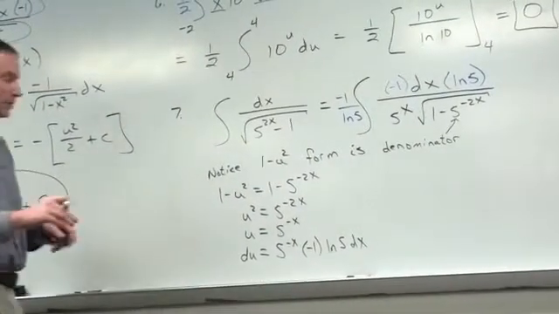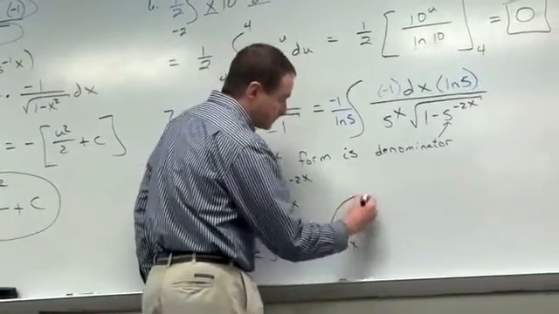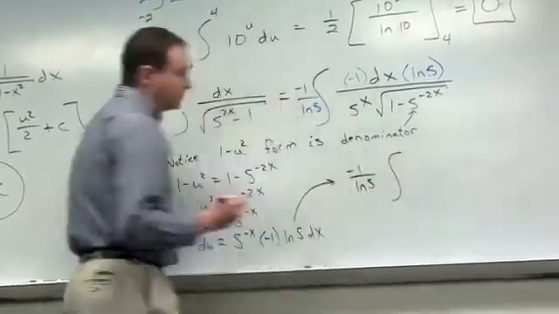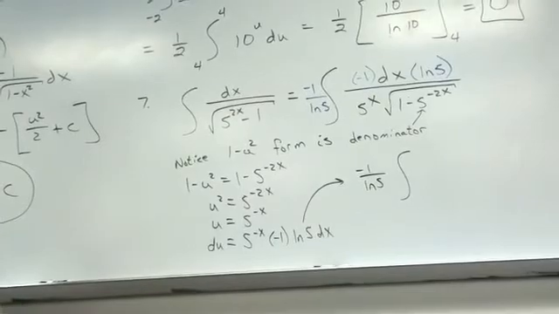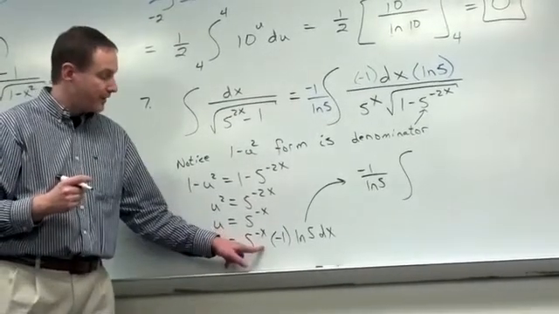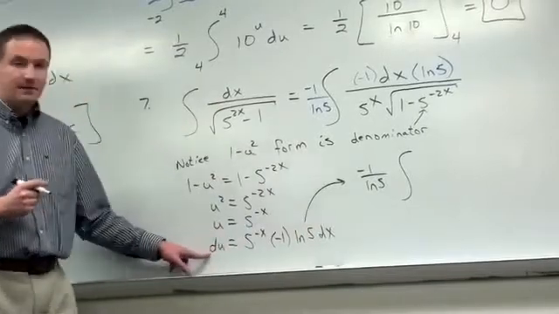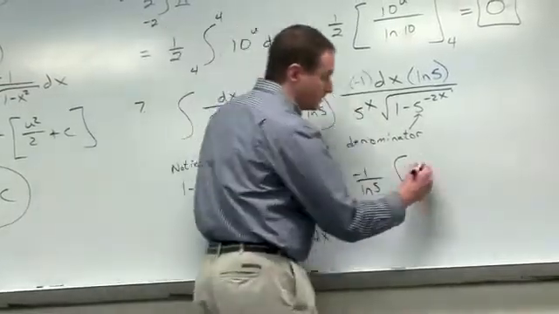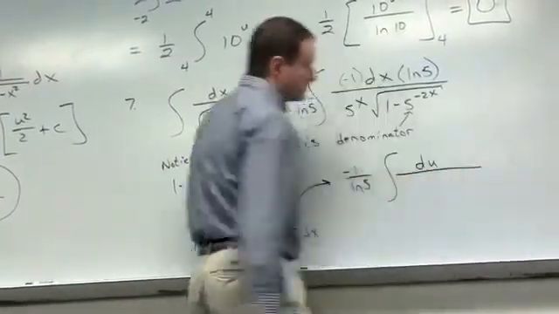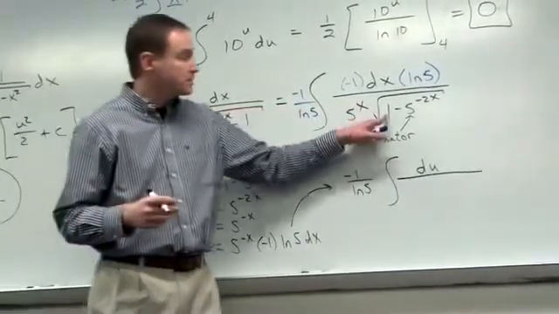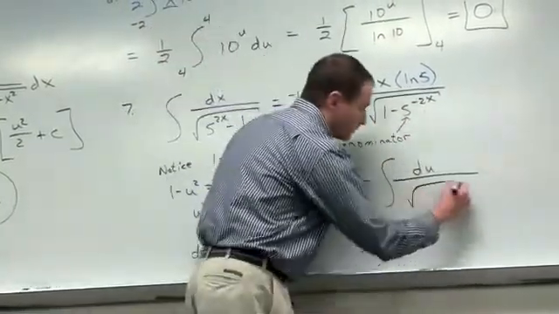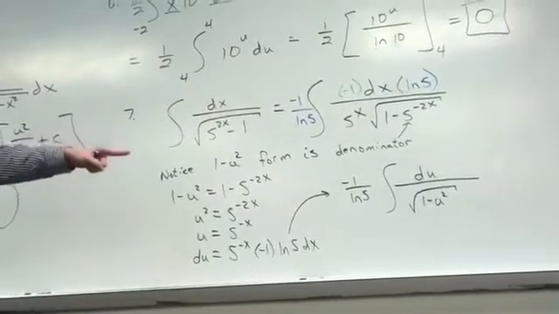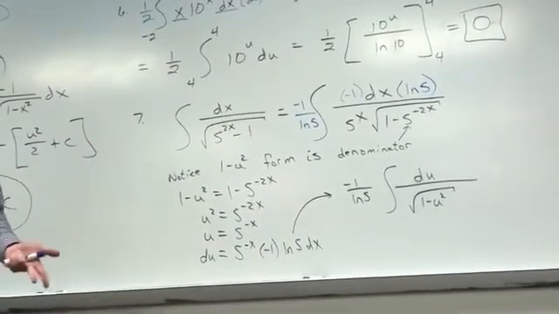So using this u-substitution, it's going to change my integral to negative 1 over the natural log of 5 times the integral of negative 1 dx, natural log of 5 over 5 to the x. All of that becomes du. So the entire numerator and that term becomes du. This right here becomes the square root of 1 minus u squared, and then I can say, yes, that is by definition the inverse sine function.